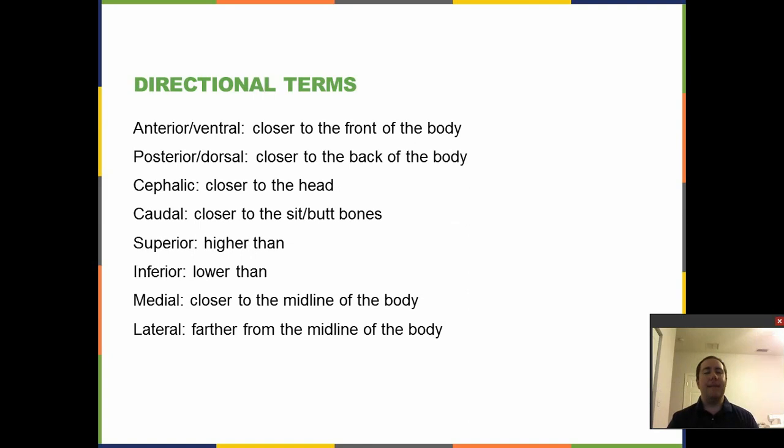Our trunk does not include our arms or our legs. If we talk about arms or legs, we cannot use superior or inferior because they're designed to move up and down freely, right? If I do this, this would seemingly be inferior to this. But as soon as I do that, it flips. And so we need to be more consistent than that.